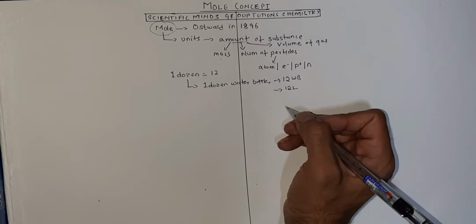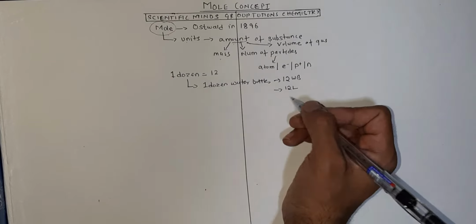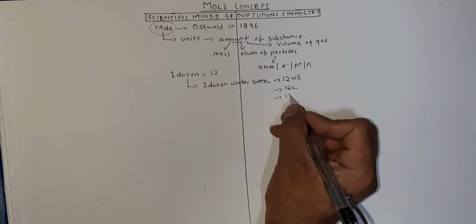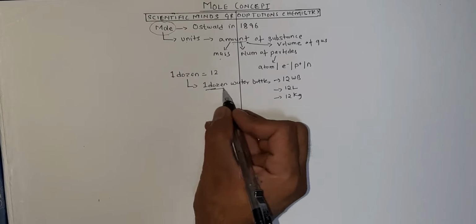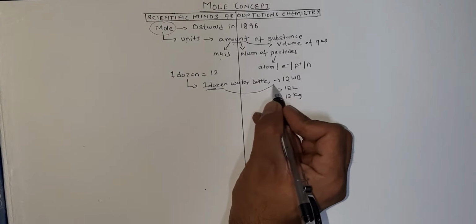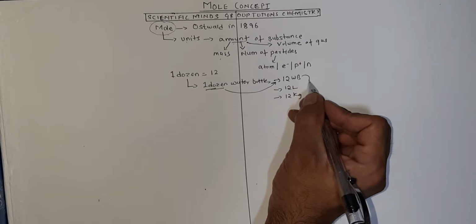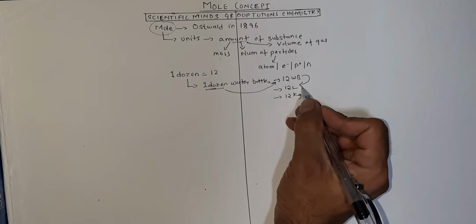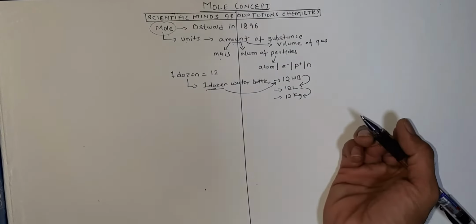And if I say 1 water bottle has 1 kg of mass, then in all they have 12 kilograms of mass. So 1 dozen can be expressed in terms of numbers. We converted that number into liters, that is volume, and we converted this into mass, kilograms.